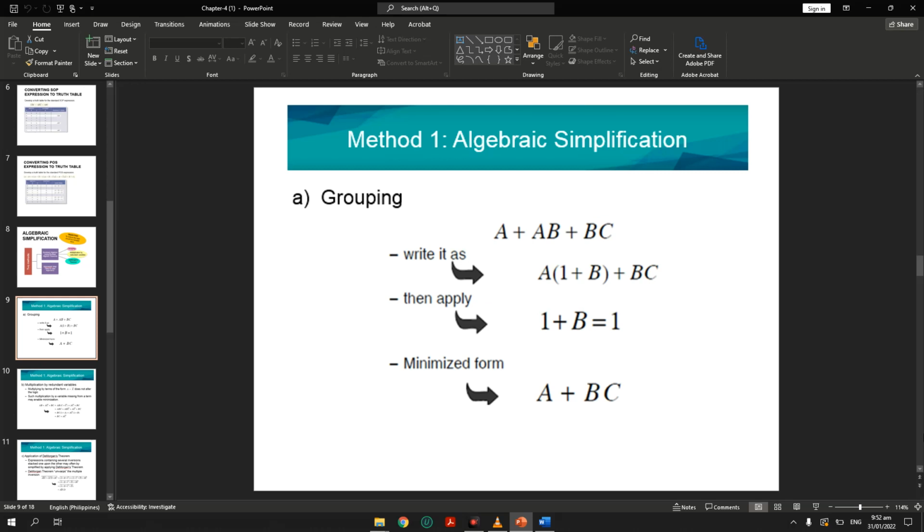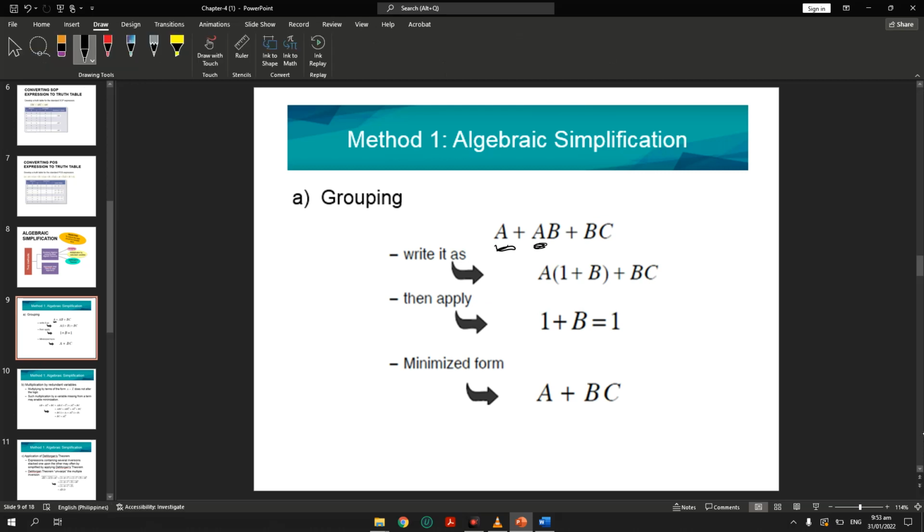If you have noticed, in the first and the second term, there is a common term, which is A. In the first term, we have A. In the second term, we also have A. So in the method of grouping, just like in our common algebraic expression, we can group these two, A plus AB, plus BC.